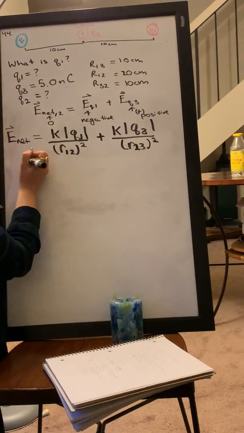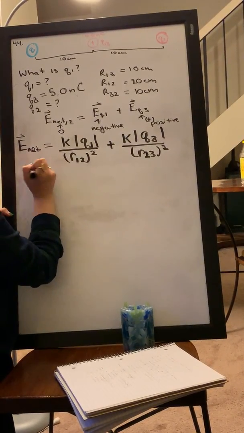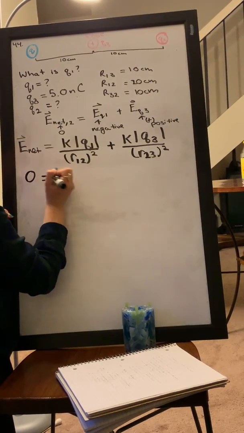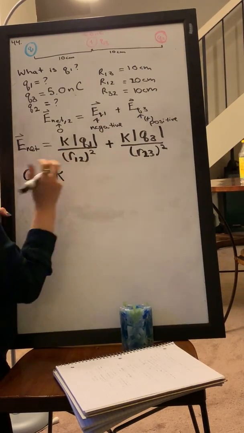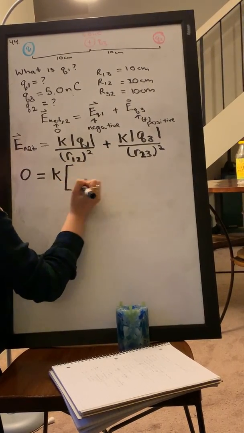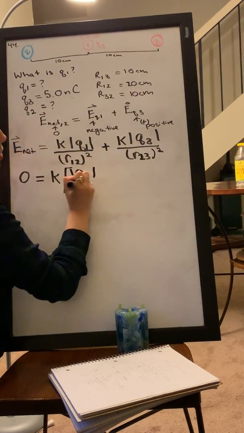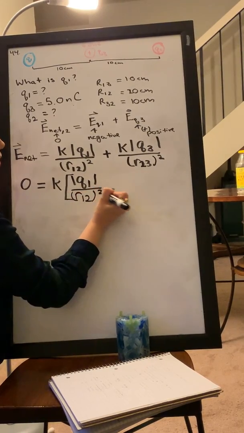And now we fill it in algebraically again. So we can say 0 is equal to K. I'm going to separate K out and then write the absolute value of Q1 over R12 squared.